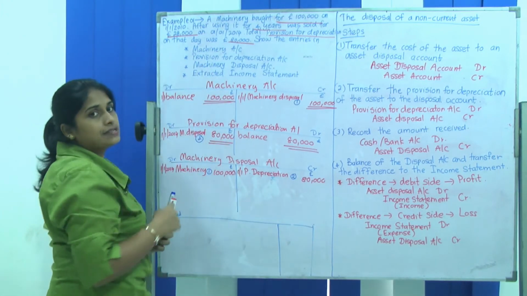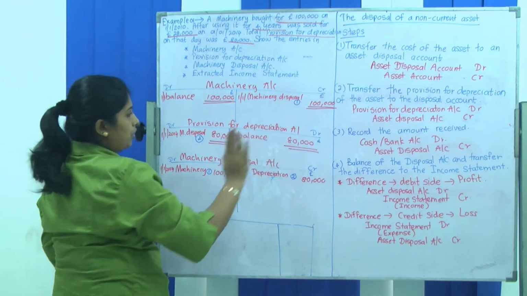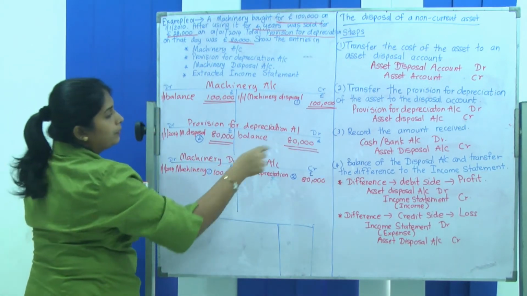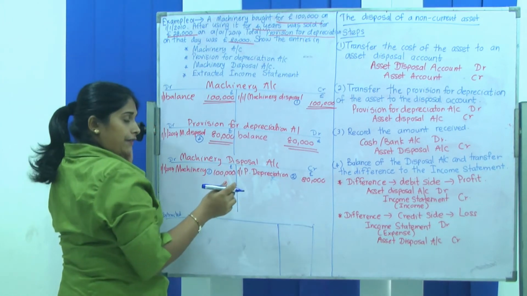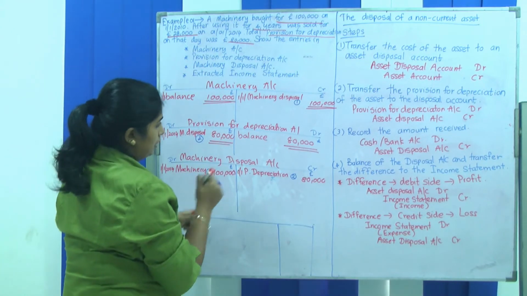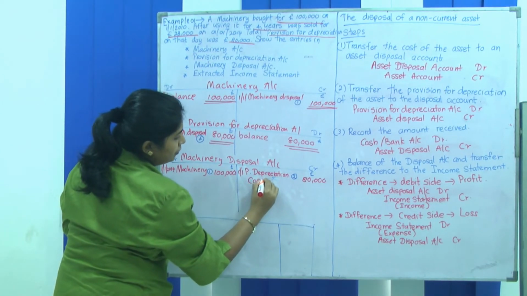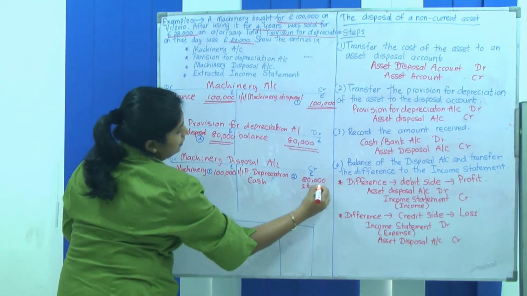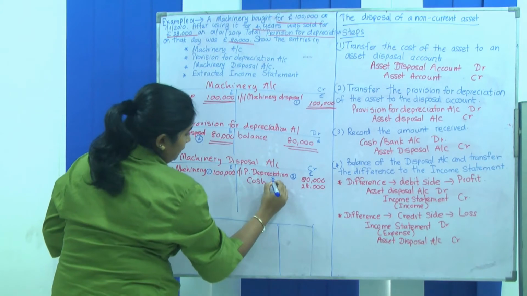According to this sum, they have not asked us to show the cash entry, so we are not going to show that entry. And the other account that will be credited is the disposal account. This is the third step.